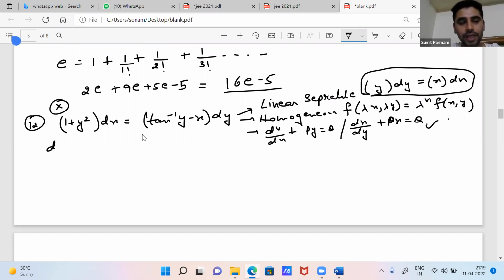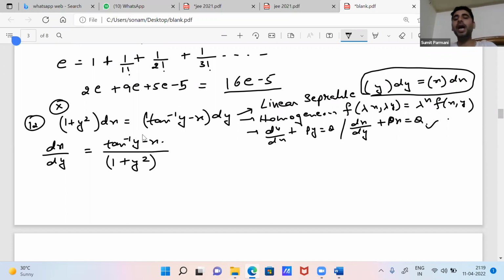So from here what we can see, it is dx by dy is equal to tan inverse y minus x divided by 1 plus y square. Now how did I identify whether it is of the form dy by dx or dx by dy? If I write dy by dx, then it is equal to 1 plus y square upon tan inverse y minus x.